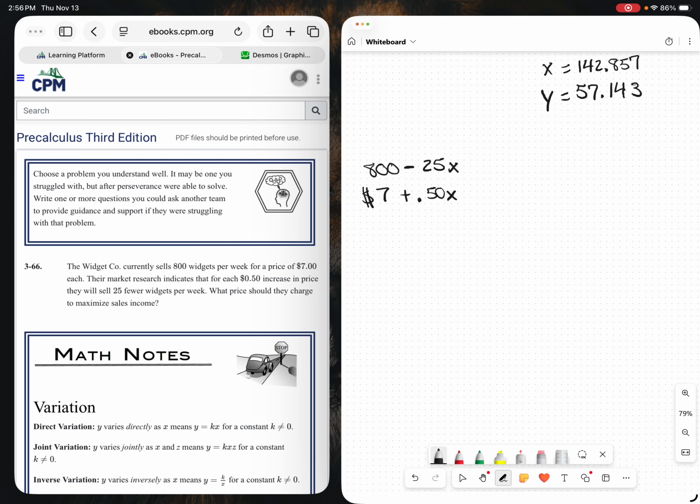Well, if we're trying to find profit here or maximizing our sales, how would we get our price? We would multiply these. So let's just multiply these together. So we have (800 minus 25x) times (7 plus 0.5x), and we get that profit, right?